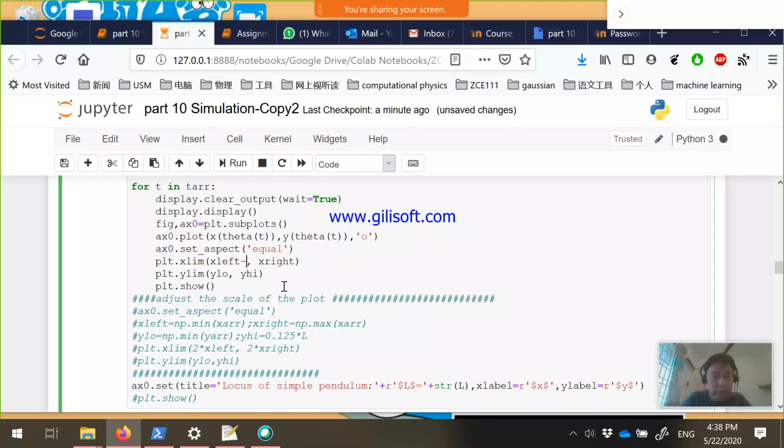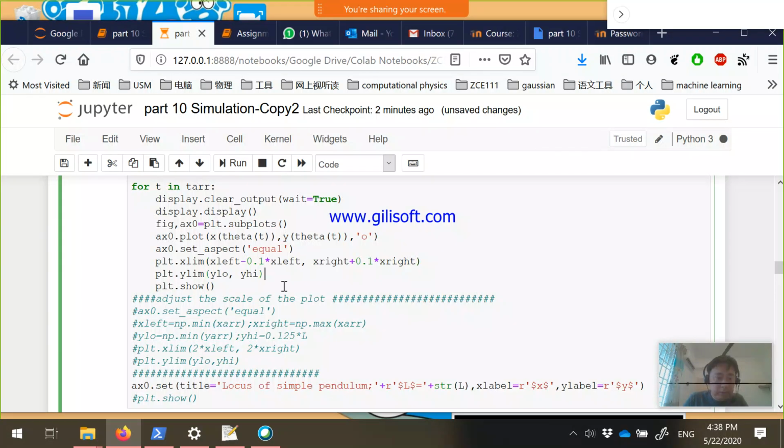So you make it, let's say, 0.1 times x left, right? So that would shift the left limit a little bit by 10%. Then on the right hand side, you add 0.1 times x, right? So that would make the range of x slightly wider.